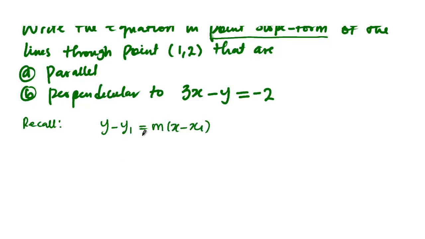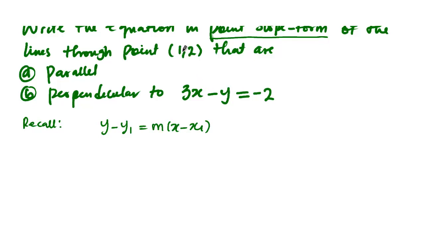So for us to write it, we must first find it when the line is parallel and when it is perpendicular to 3x minus y equals minus 2. So this is actually the equation. I'm talking about the line produced by this equation.